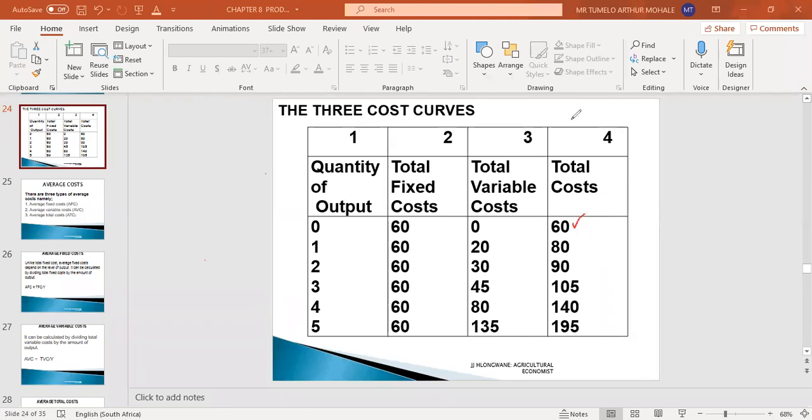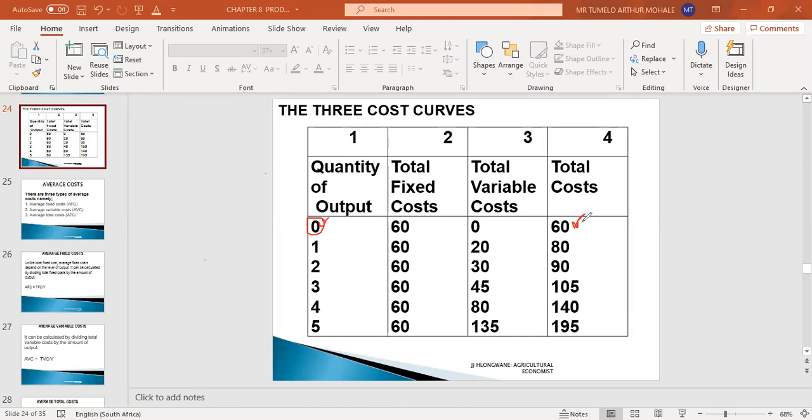Please listen carefully here. Do you see here? This is quantity 0, meaning that production does not take place here because this is the quantity of output. How much do you produce? You are producing nothing, but you are incurring the total cost of 60.